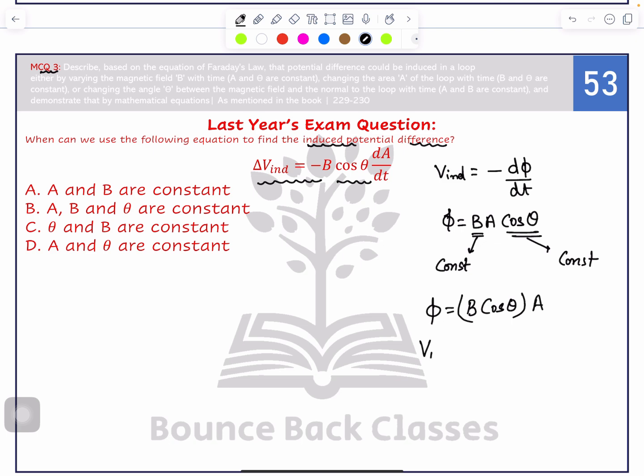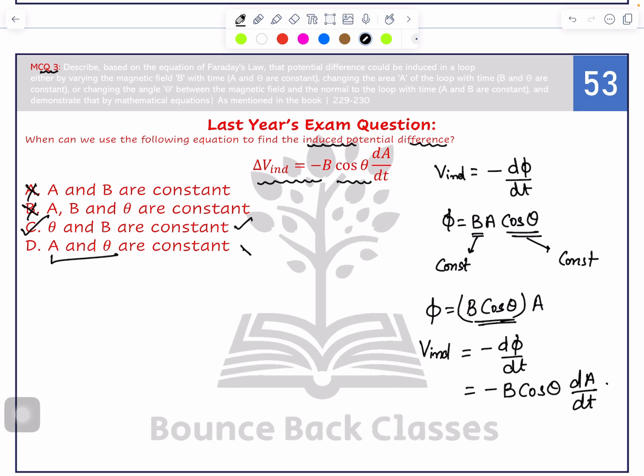So V induced, negative d phi over dt, then I can say negative B cosine theta dA over dt. Yes or no? Okay. So when can we use the following equation to find the induced current? A and B, no. A, B, theta, no. Theta and B, yes. So your answer C is correct.